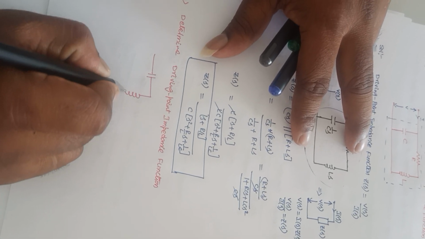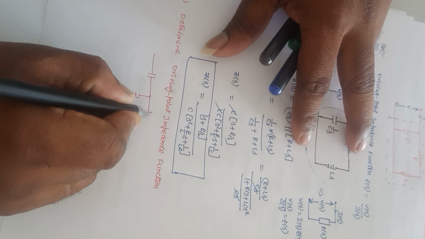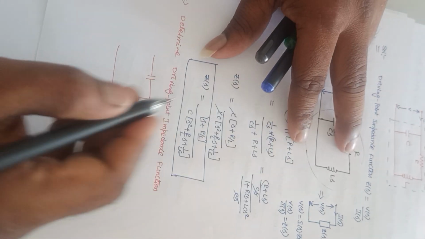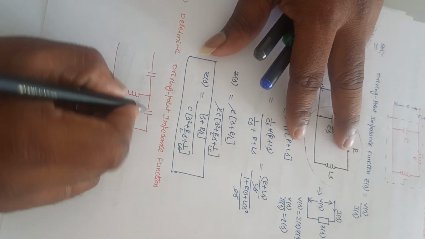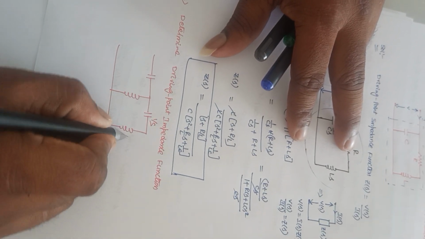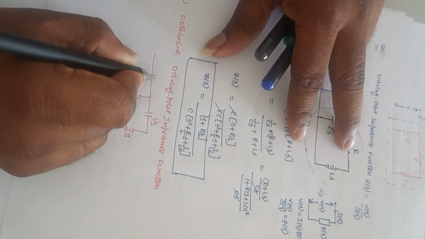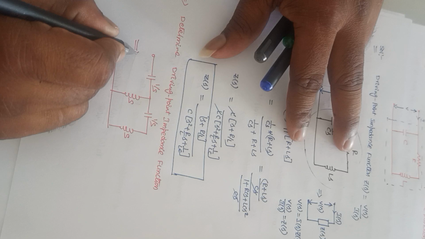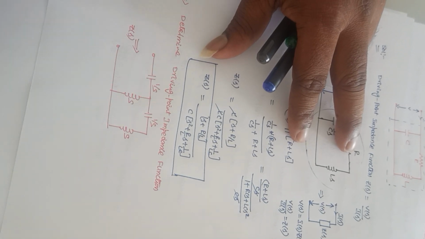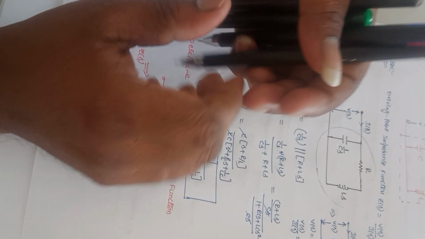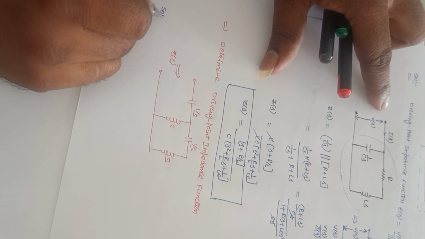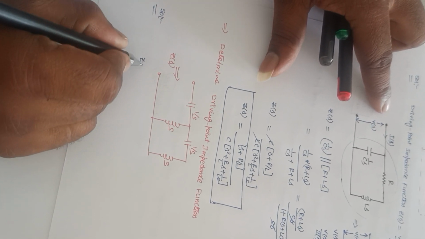It is almost the same as the previous network. Sorry, these two networks are different. So it is 1 by S. For this I need to find the driving point impedance function. Whatever the network may be, it has already been given in the frequency domain. So you just need to find the driving point impedance function.